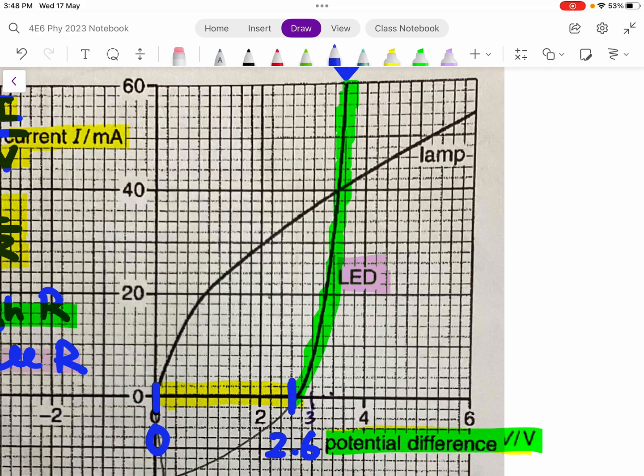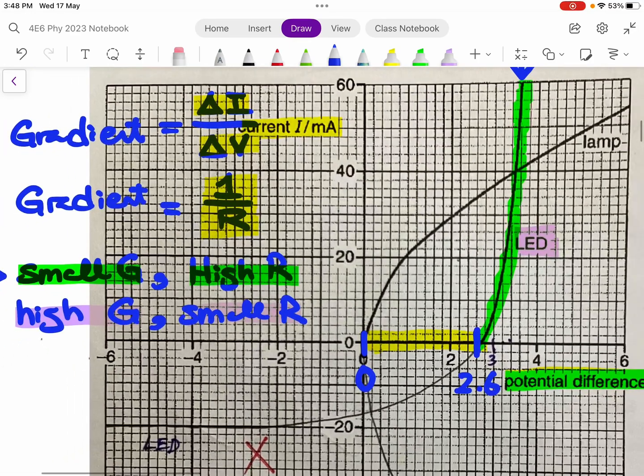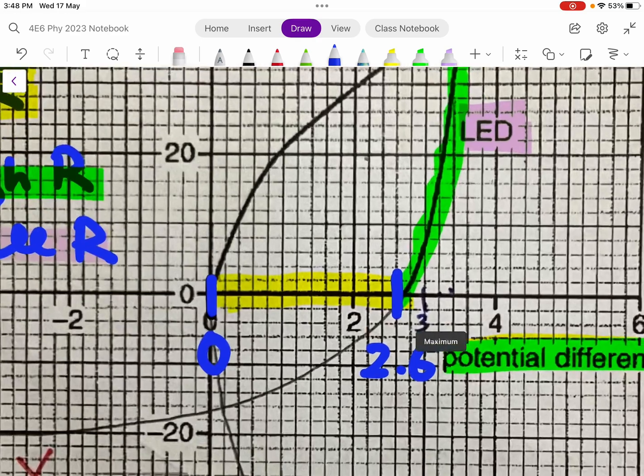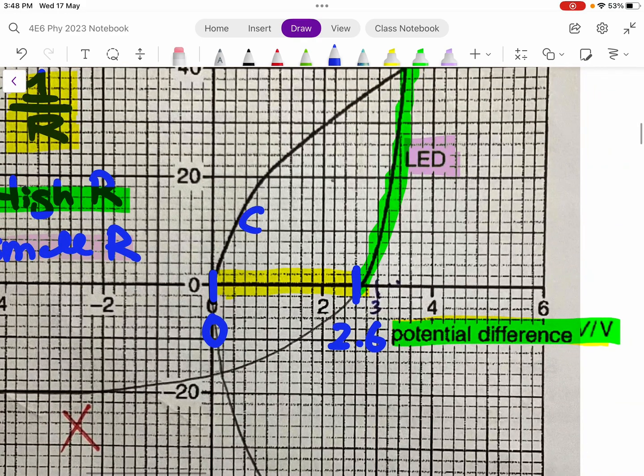Then the question asks me what the resistance is. And I know that the resistance has an inverse relationship with the gradient, right? So from here, I can see that down here my gradient is almost 0. This means that the resistance must be almost infinite. It's going to be very high.